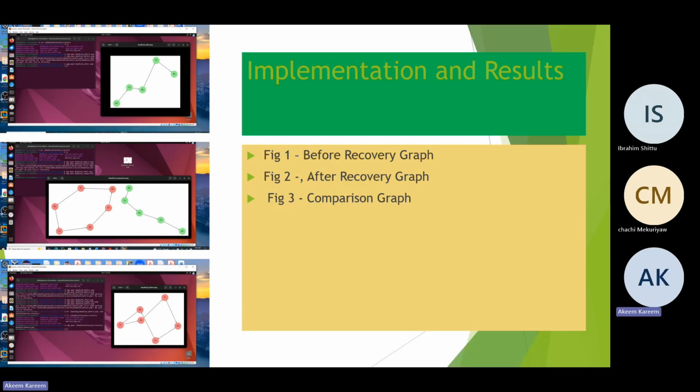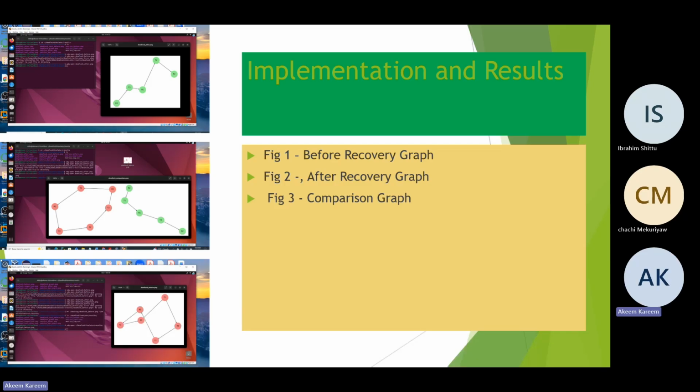That's the wait-for graph showing the cycle that Ibrahim was talking about in slide 3. Here on figure 2 is the after-recovery graph. As you can see, the cycle is no longer there. The simulator resolved the deadlock by terminating the victim transaction and releasing its locks.